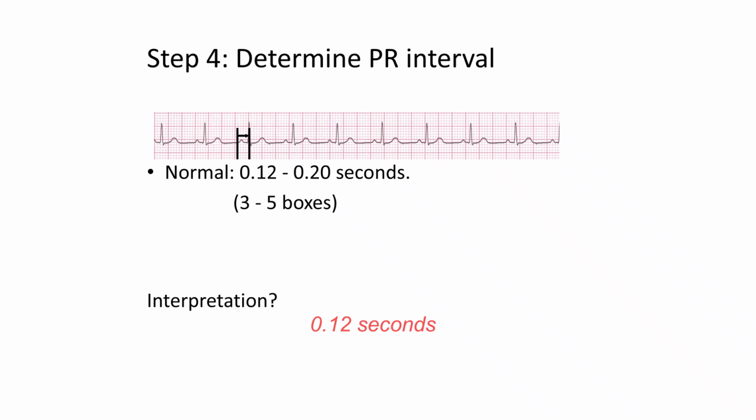Generally, your PR interval is going to be between 0.12 seconds and 0.20 seconds, or 3 to 5 small boxes. If your PR interval is greater than 0.20, you are in a first degree heart block. What your PR interval is measuring is the time it takes for that electrical impulse to travel from the atria to the ventricles. So you're looking for a heart block.